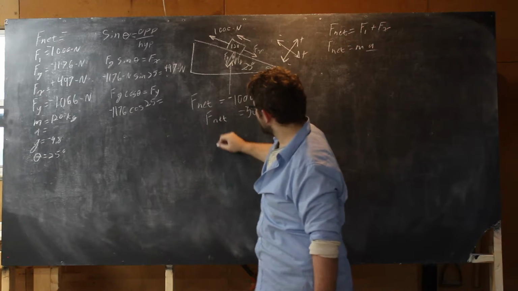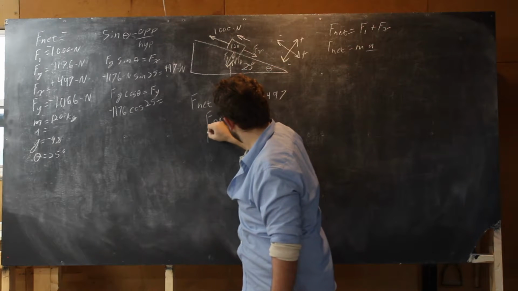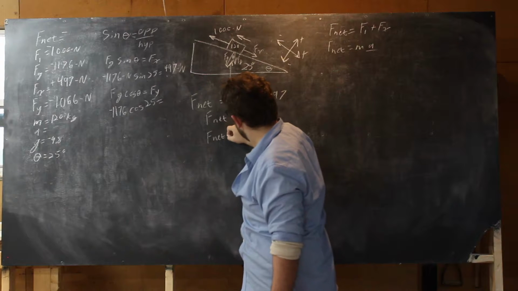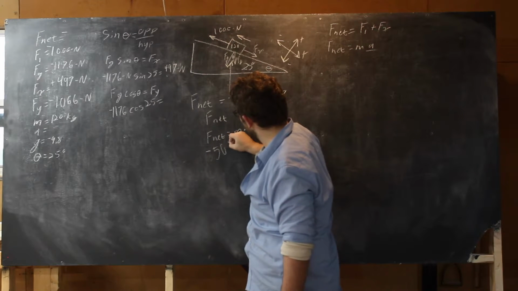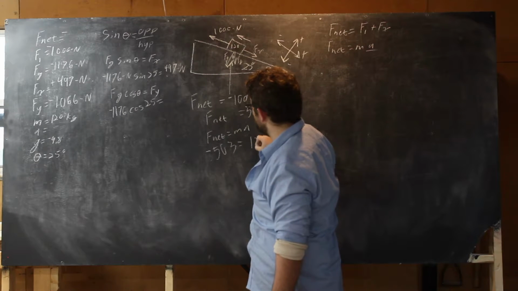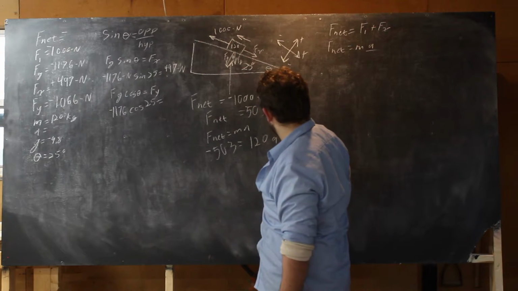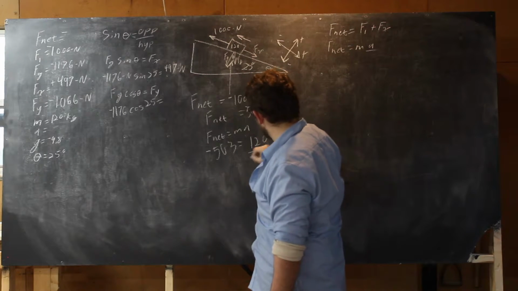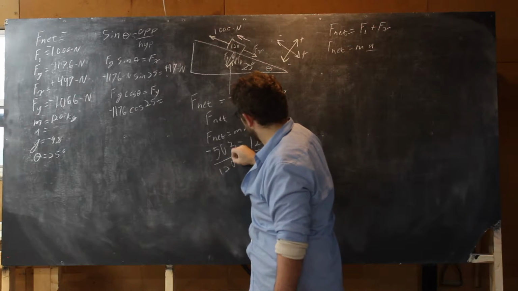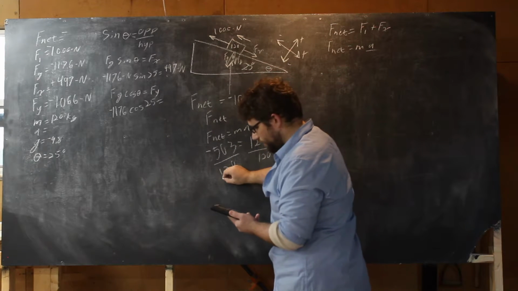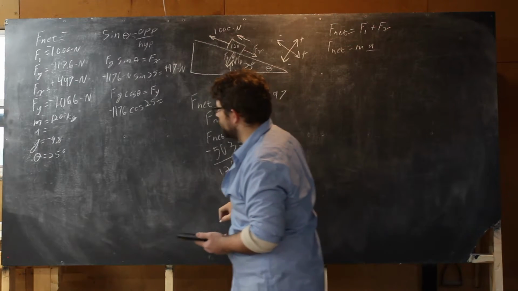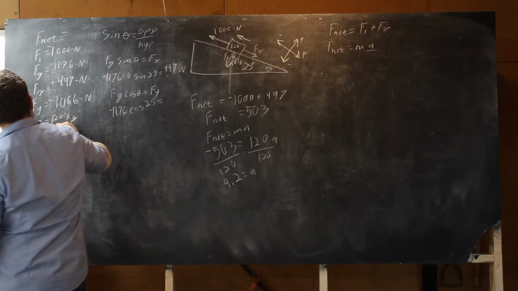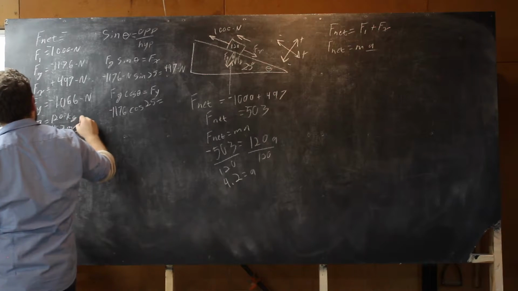And then F net is also equal to MA, which is also going to equal negative 503 equals 120A. Divide both sides by 120 for my acceleration. That's going to get me 4.2 equals A. So 4.2 meters per second.